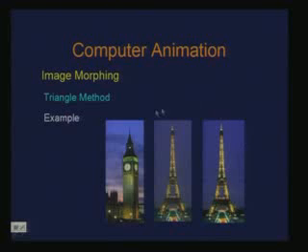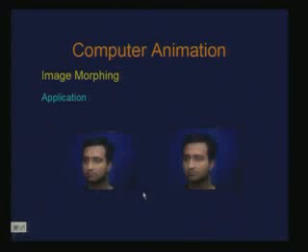Okay. Now there is another application you can use image morphing for. Here in fact an interface is built where audio visual output is produced given the text of the speech.